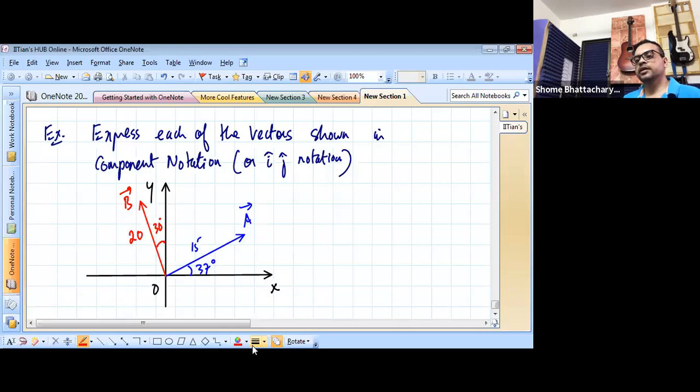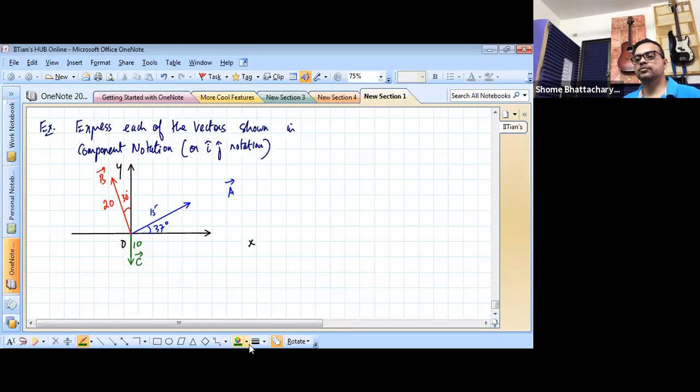Okay, and third vector is shown to us like this, and its magnitude is 10. So we have to express all three of the vectors in component form. Just try this out. Just express all three of these in component notation using I cap and J cap.